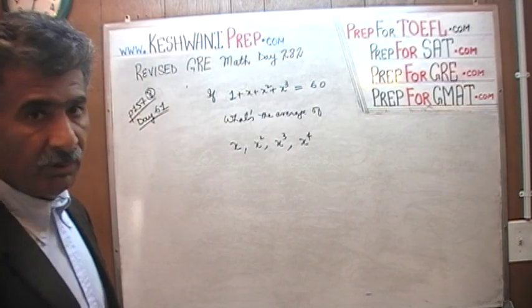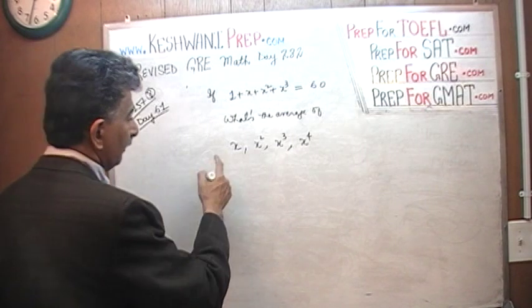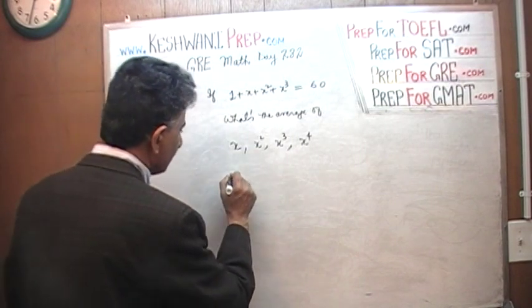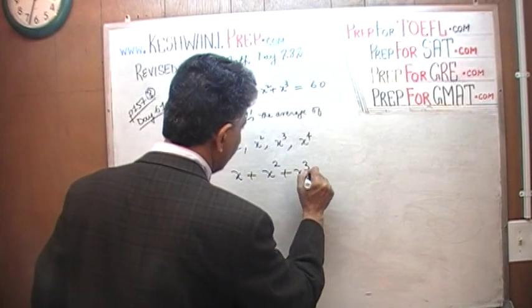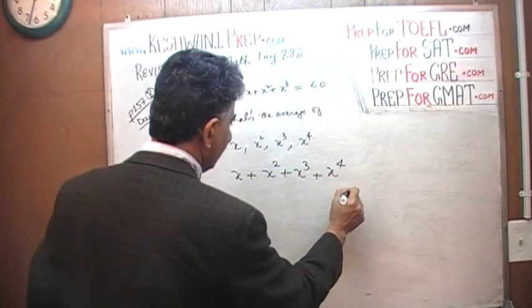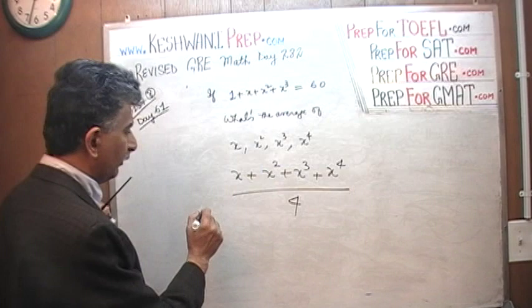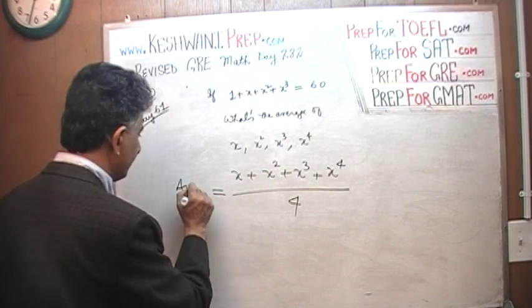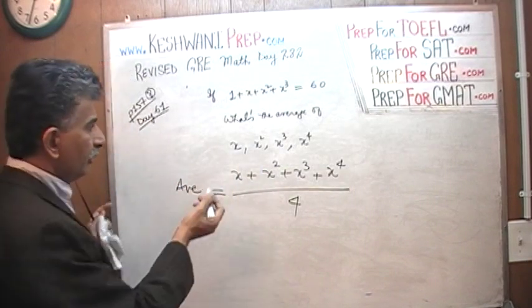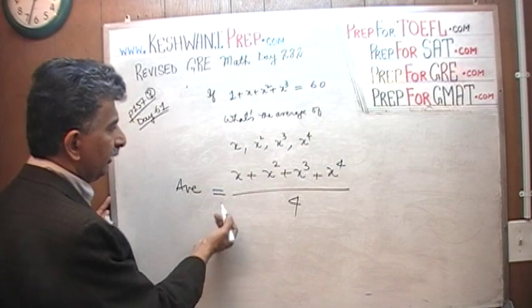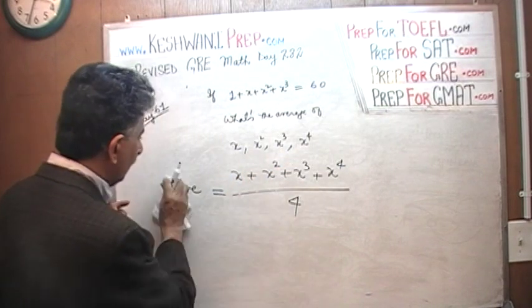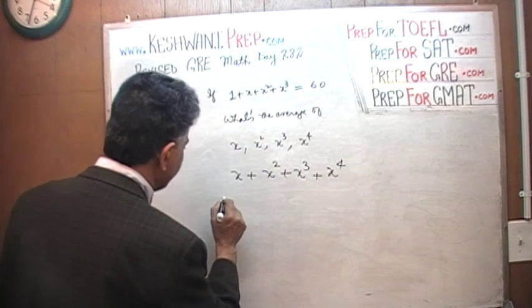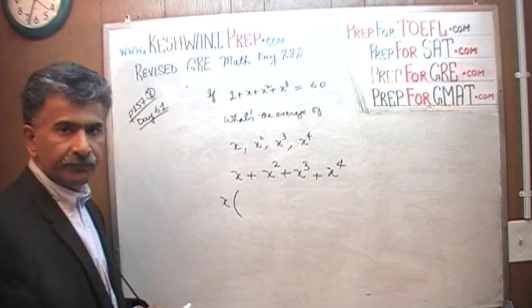The very first thing we notice is that if we have to take the average, we'll add them up first: x plus x squared plus x cubed plus x to the 4th, and we have to divide by 4 because there are 4 of them. That will represent their average. But what do you notice about these 4 quantities? We can take out x common.